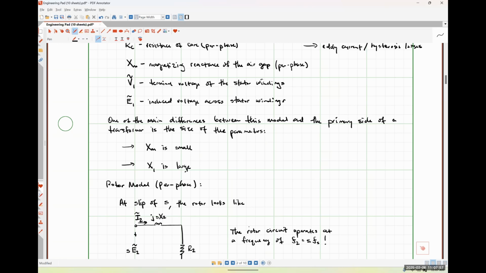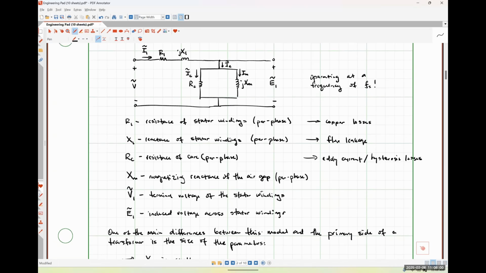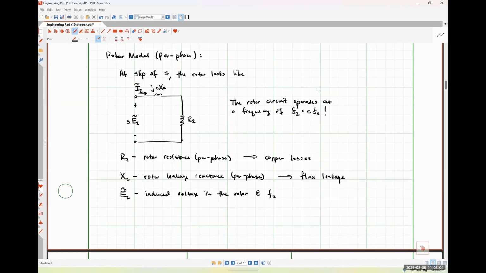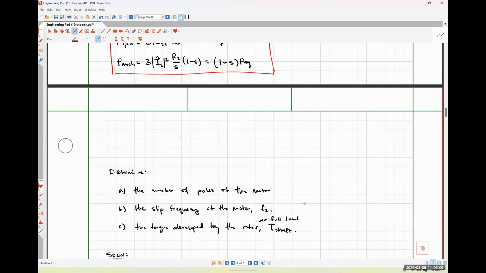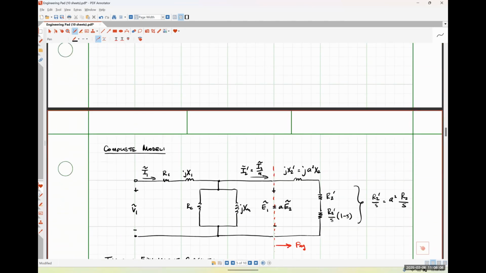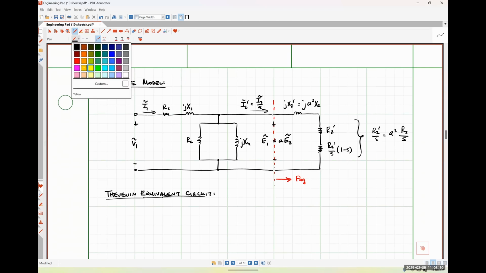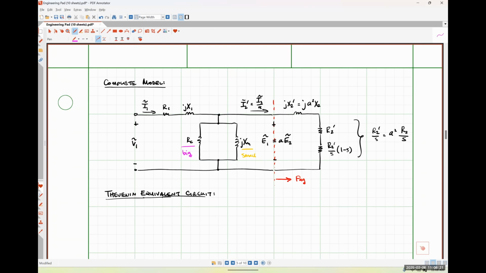So, or let me rephrase that in a different way. So we have an impedance. Let me scroll back down to our actual circuit here. Sorry. So we have this guy right here that is small, and this guy over here that is big, right?